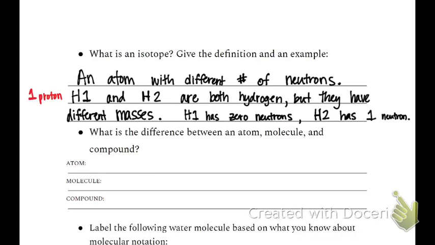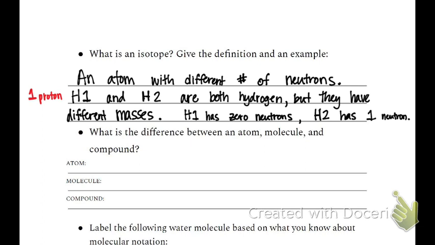All right. This next question, what is the difference between an atom, a molecule, and a compound? When they talk about an atom, what does that mean? One atom is just an element.